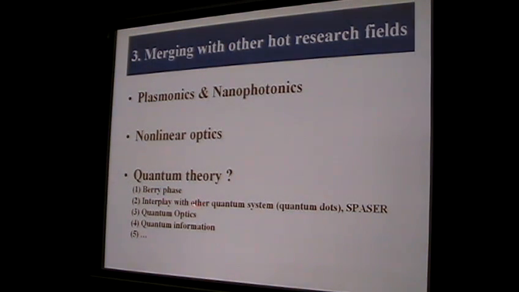Some people are also beginning to study the interplay between metamaterials and other quantum systems, for example quantum dots, and an English group led by Professor Zhou proposed the idea of the spaser, which is a combination of plasmon resonance and active media, and many other crazy things. I think these are the following trends which can help us with the next metamaterial.